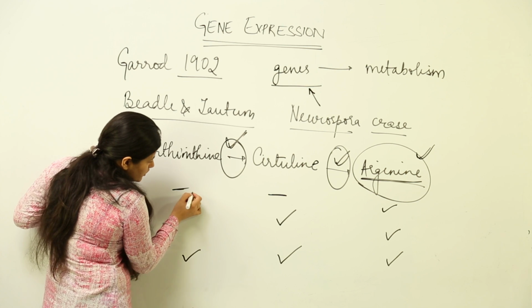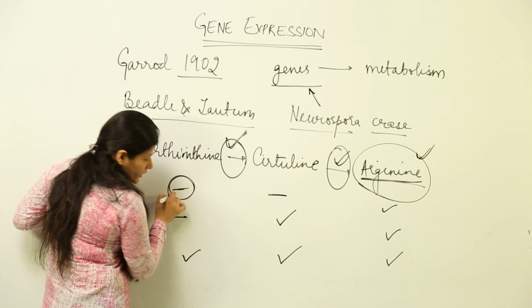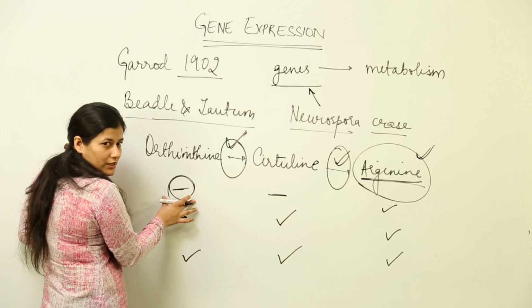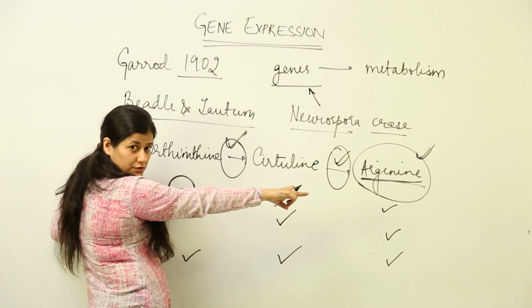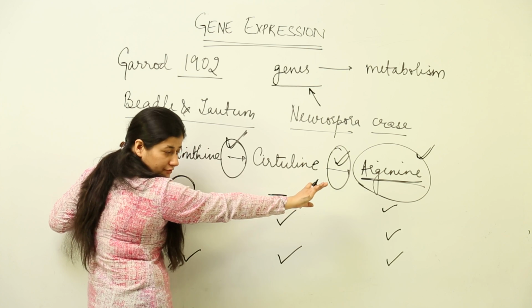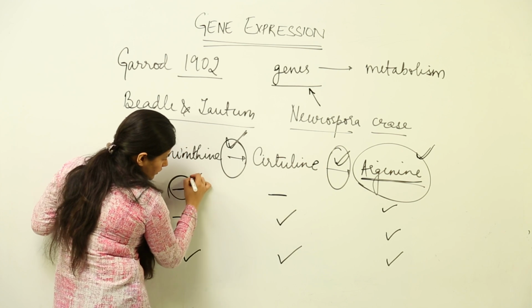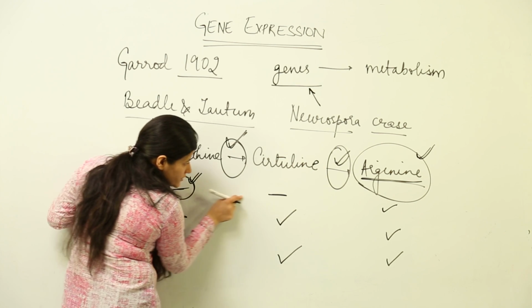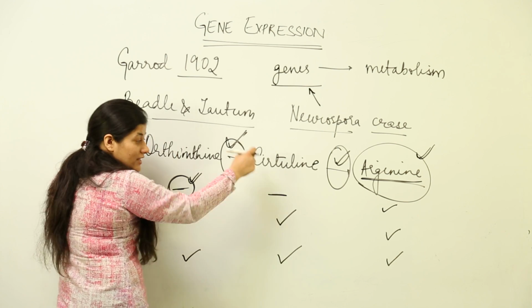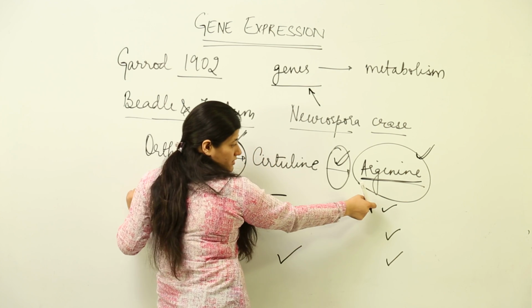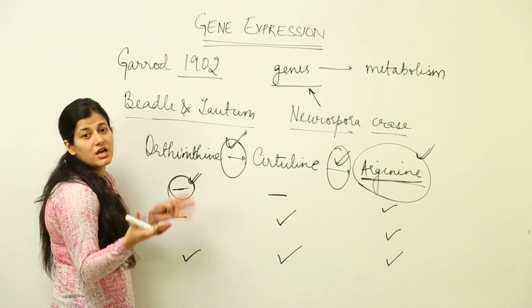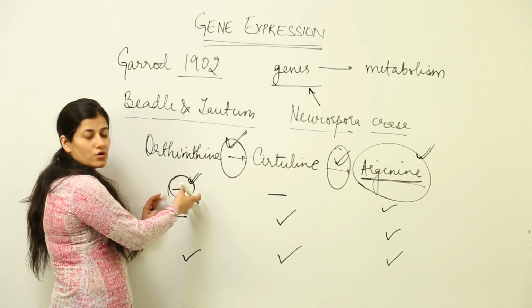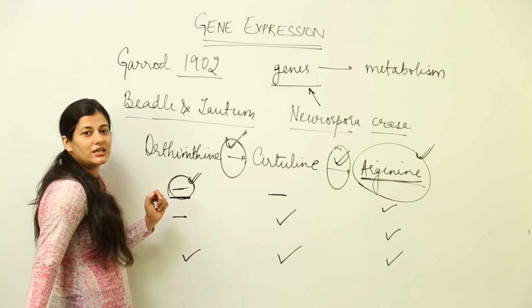Those which did not survive when provided with ornithine or citrulline, but survived when given arginine, could not metabolize ornithine into citrulline, and citrulline into arginine. Because they did not have the final product, the mutants did not survive.